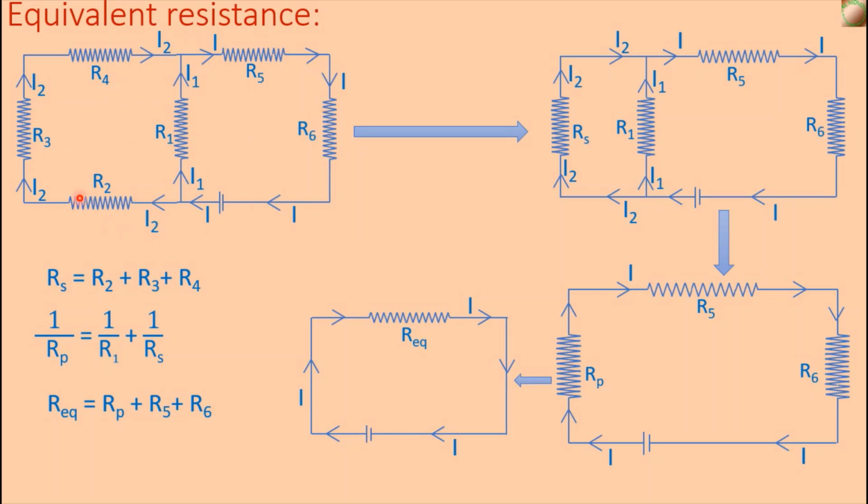At first, we determined the equivalent resistance of these three resistances, this Rs. Then from this Rs and R1 we determined the equivalent resistance Rp, and then from Rp, R5 and R6, from these three resistances, we determined the equivalent resistance. Now this resistance is the equivalent resistance of all these resistances.